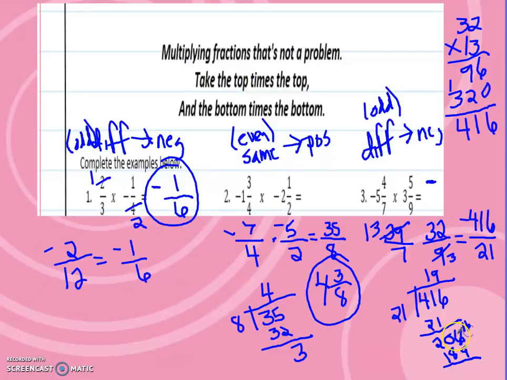We got to borrow. So we got 7. So 19, negative 19 and 17 21s. All right.